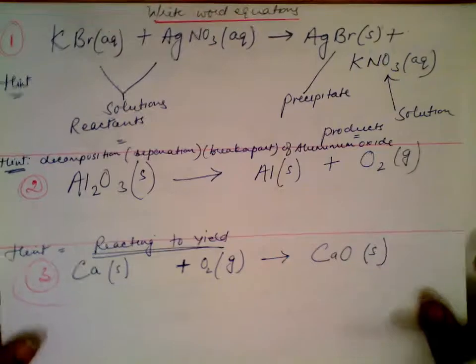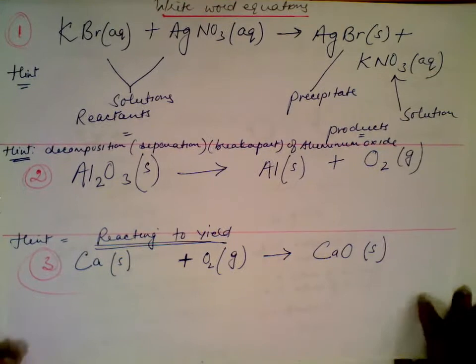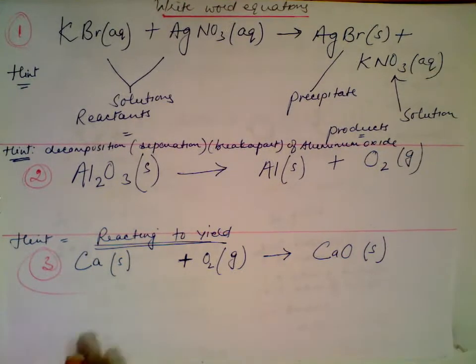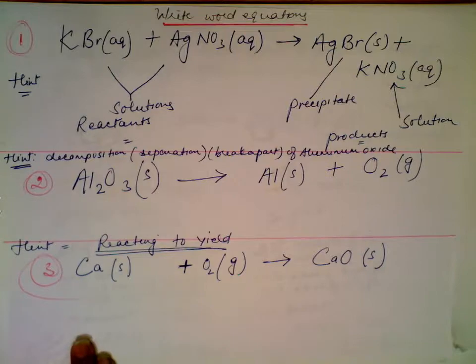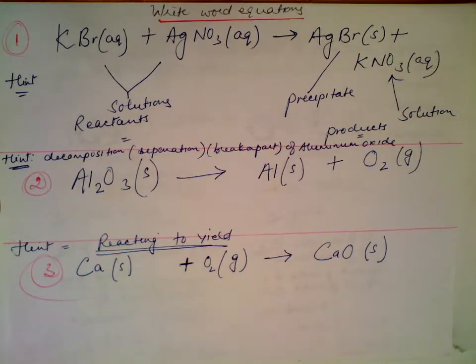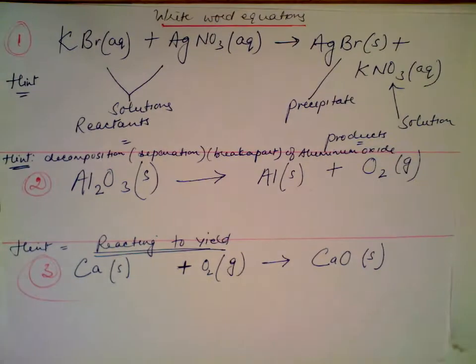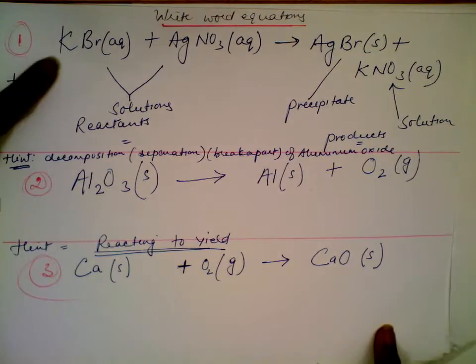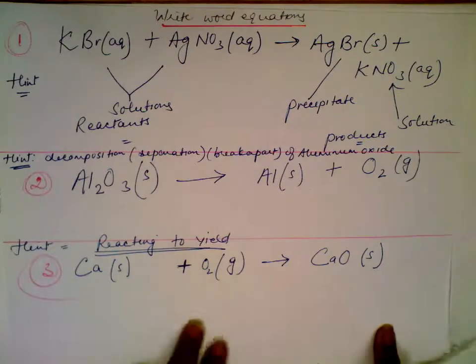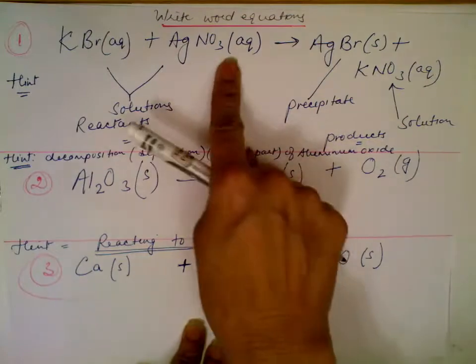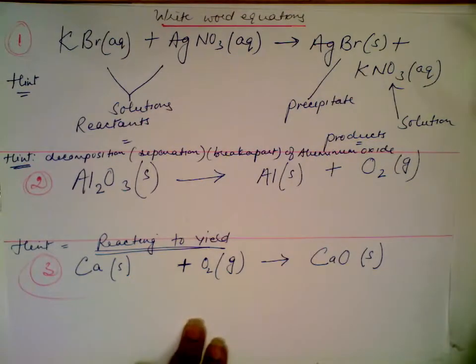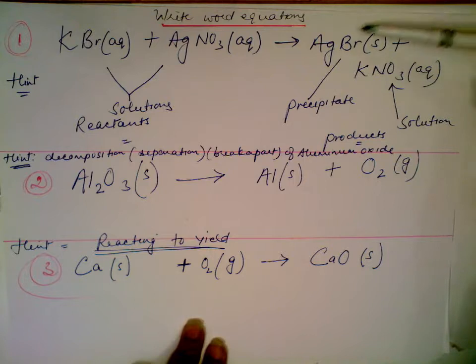So guys, I want you to try this one here. Write down the word equation. Just pause it and match up your answer here. Is this what you wrote? That a solution of potassium bromide reacts with a solution of silver nitrate to yield a solution of potassium nitrate and the solid silver bromide.